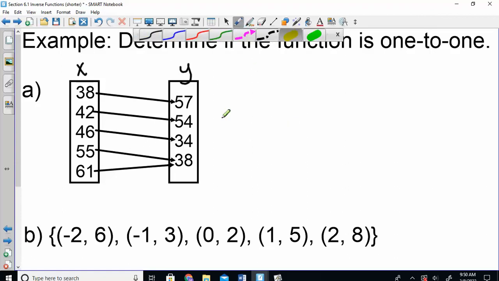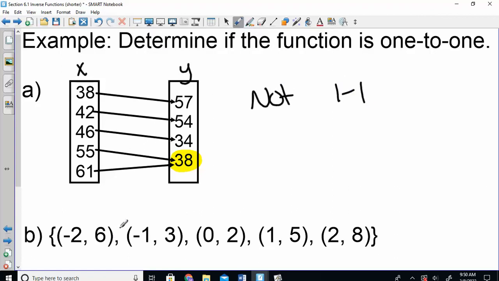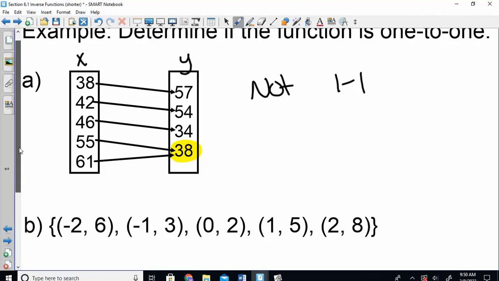No. We can see right here that 38 gets repeated. So a lot of times I just do 1-1 to represent one-to-one. That's kind of my shorthand. So because that 38 repeats, it is not one-to-one. Is the second one one-to-one? Yes. They all have a different y value, so that one is one-to-one.